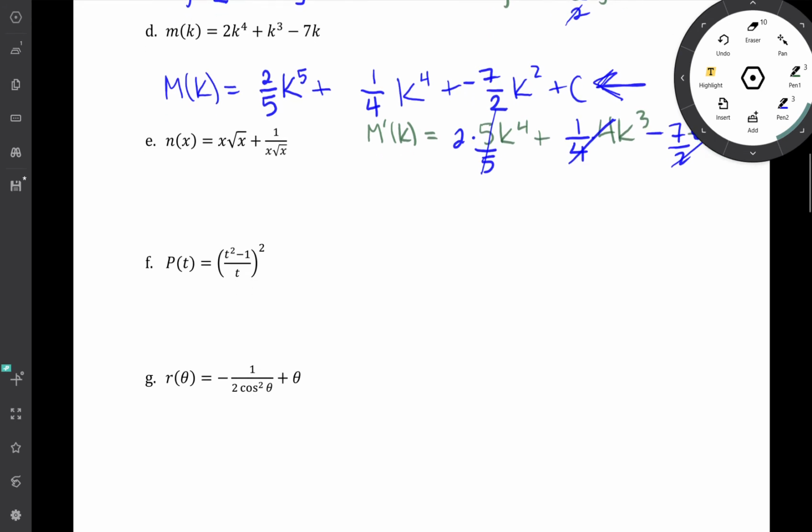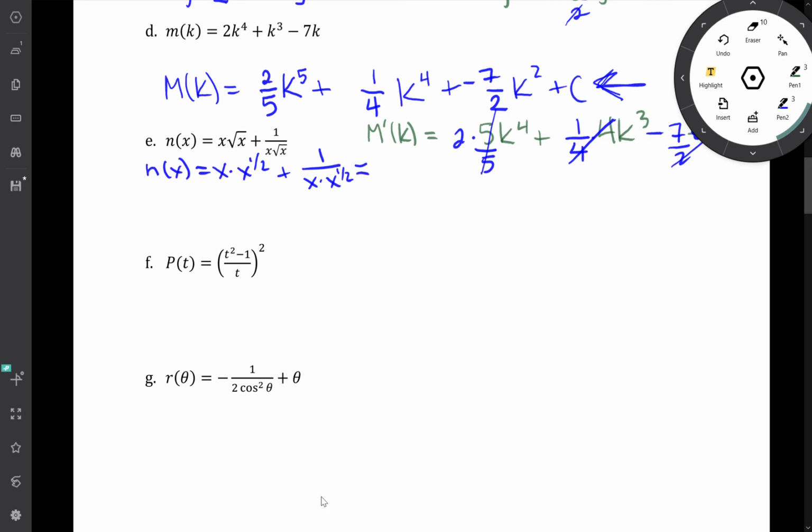Okay, E and F get a little bit tricky, but it's really just that upfront algebra sort of tricky again. So before I even start on big N, I'm going to work on rewriting this a little. So I'm going to rewrite all of the square roots as 1/2 powers.